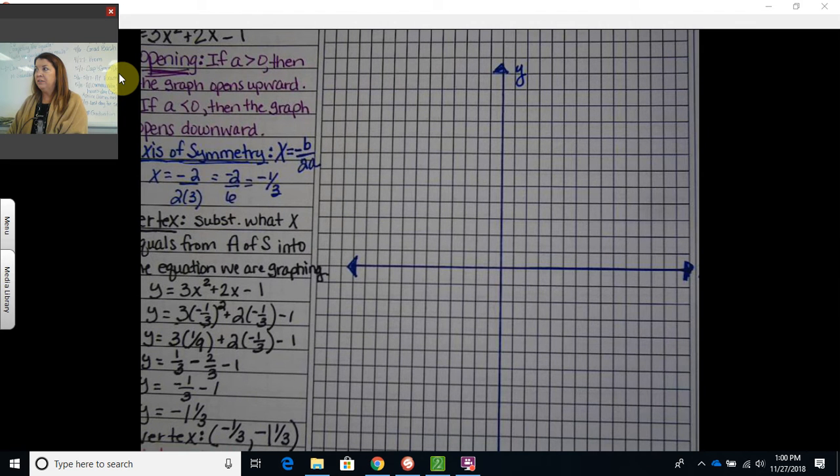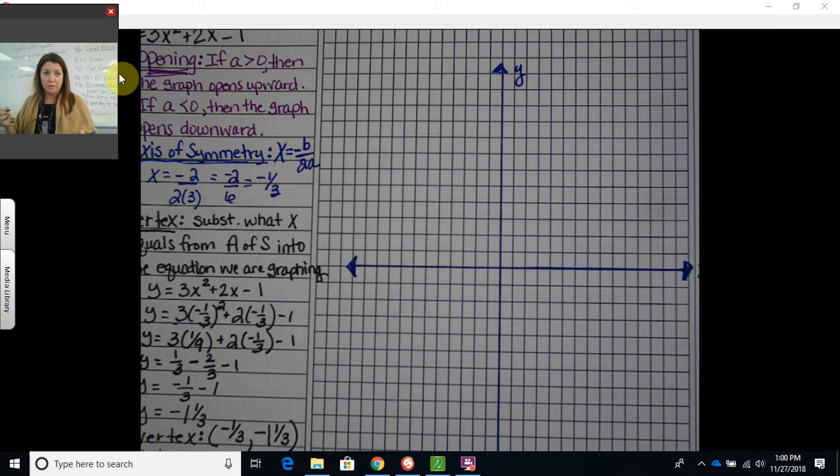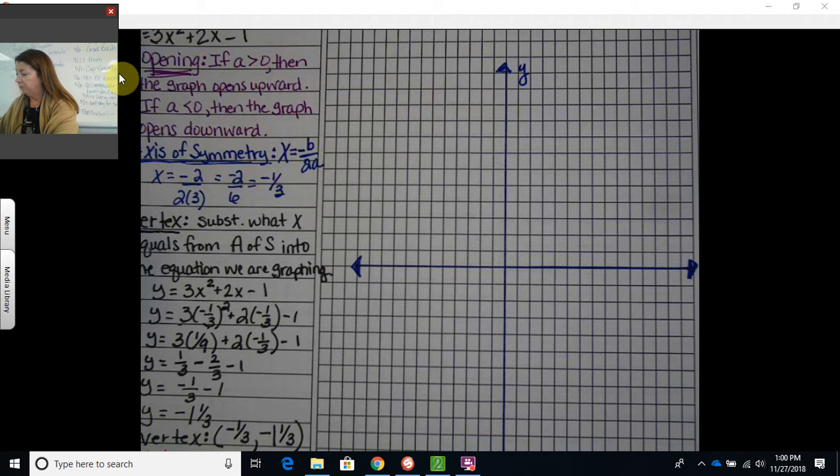So I know the graph opens up. That's not something I actually do anything with at this point. But after I've finished graphing it, I need to make sure that my graph actually opens up because we know it's supposed to. My axis of symmetry is at x equals negative 1/3.